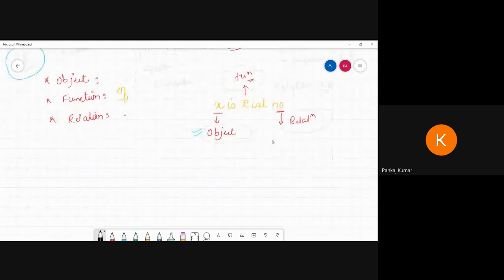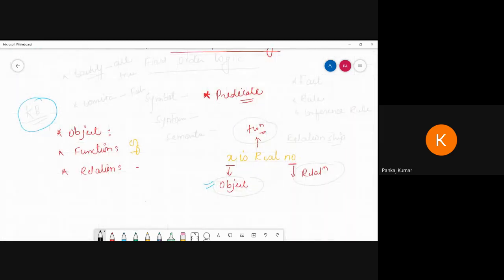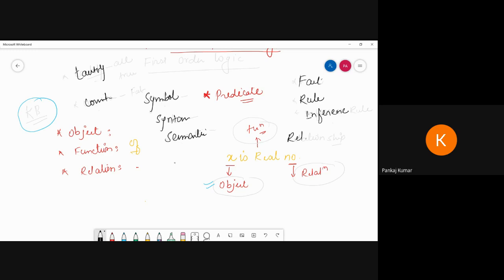So I am writing these: symbol, this will be the syntax, this will be the semantic, this will be the tautology, consistence, this will be the fact, this will be the rule, this will be the inference, and these are the relation.